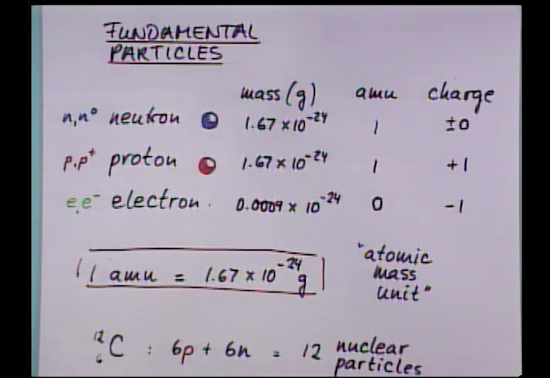So I'm sort of jumping the gun and telling you of what we have as our solid core knowledge today. The neutron has a mass of 1.67 times 10 to the negative 24 grams. This is practically 1 AMU, or atomic mass unit. Notice that the neutron and the proton have practically the same mass.